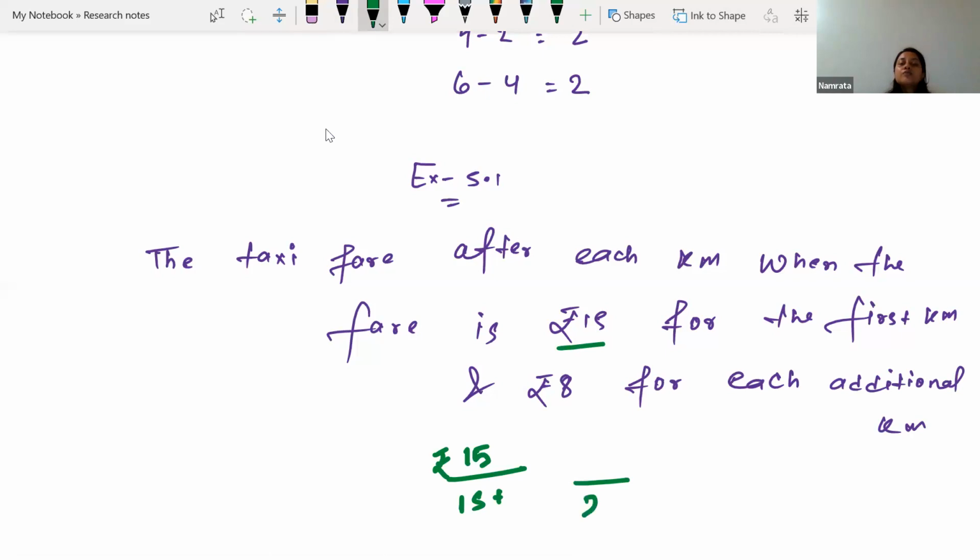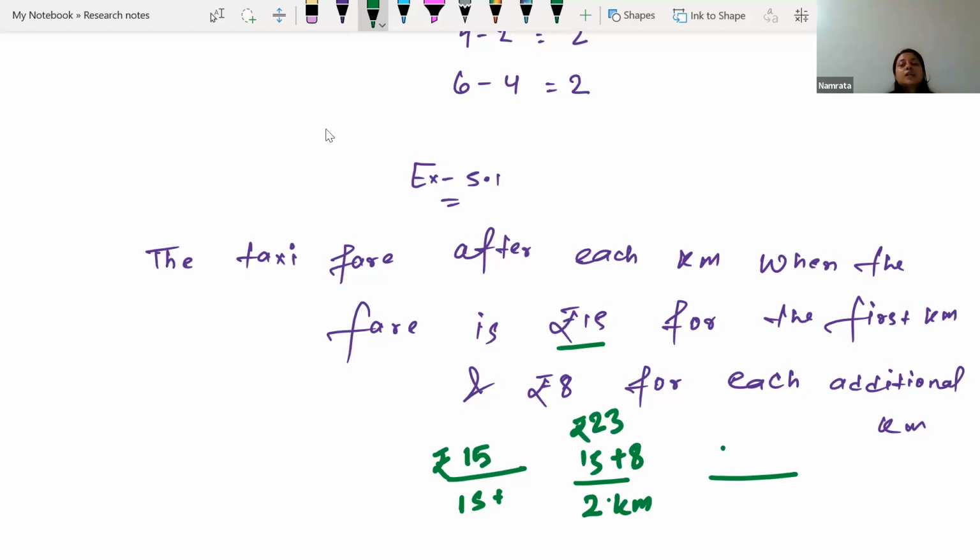So if we are going for the next, second kilometer, one more kilometer, then the fare will be 15 plus 8 because it is increasing by 8 for each additional kilometer. So 15 plus 8 is 23. It became 23 rupees.